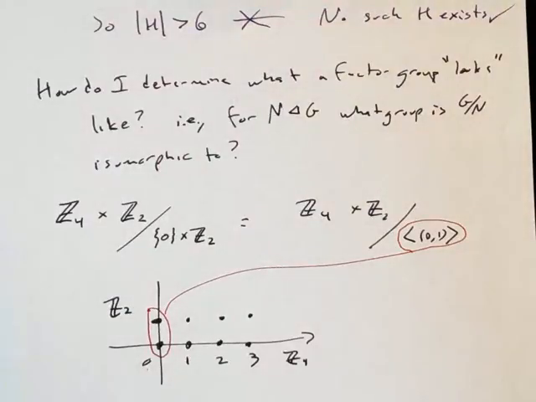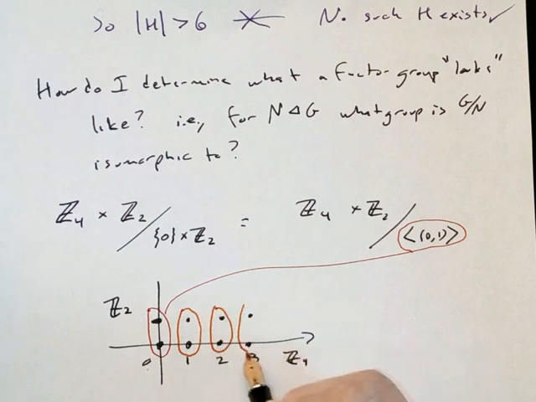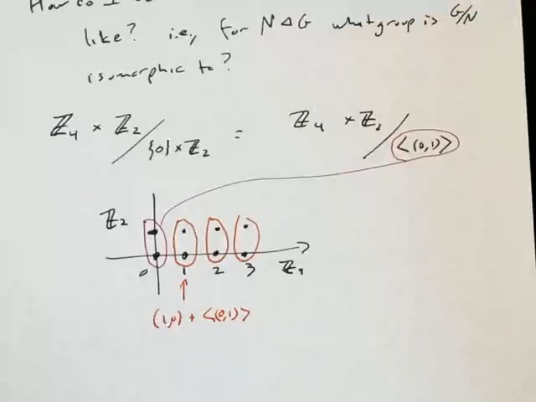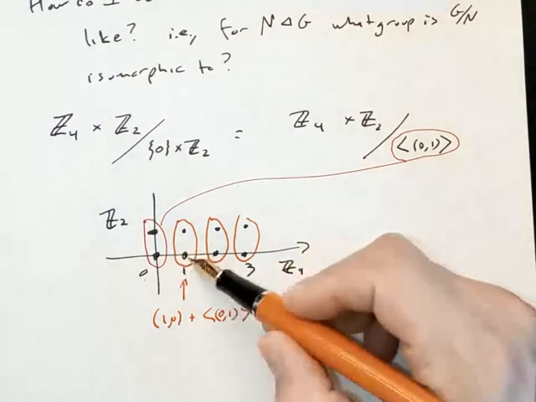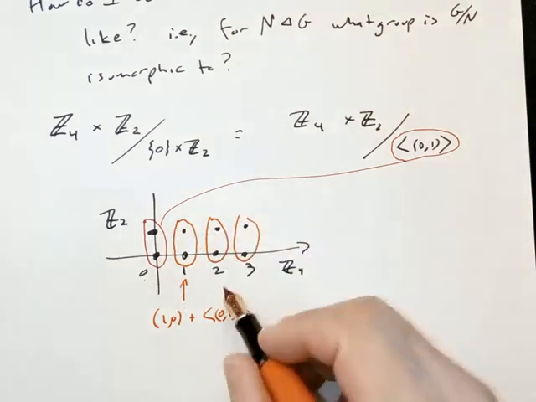And so the cosets are parallel to that, moved over by different elements. That's 1, 0 plus my coset, because 1, 0 plus 0, 0 is 1, 0, and 1, 0 plus 0, 1 is 1, 1. What's this one?